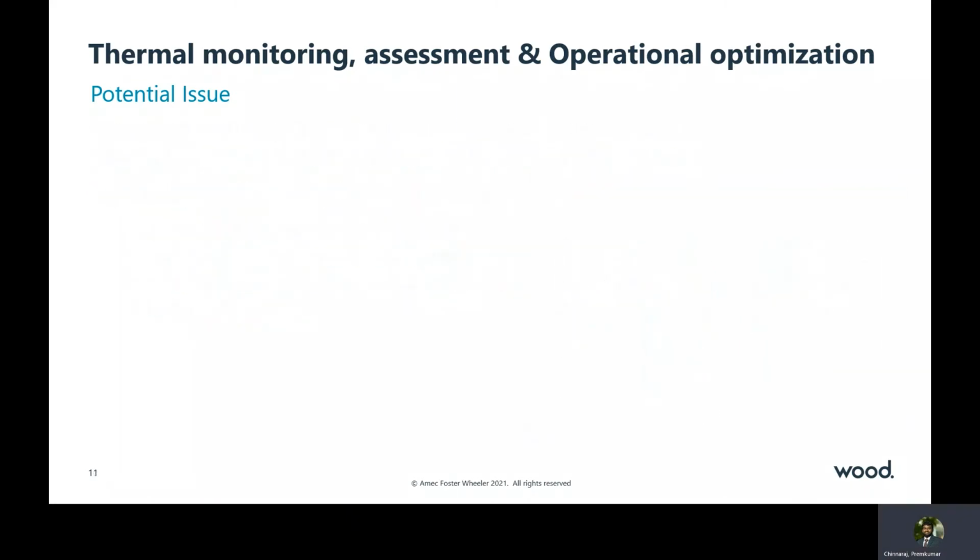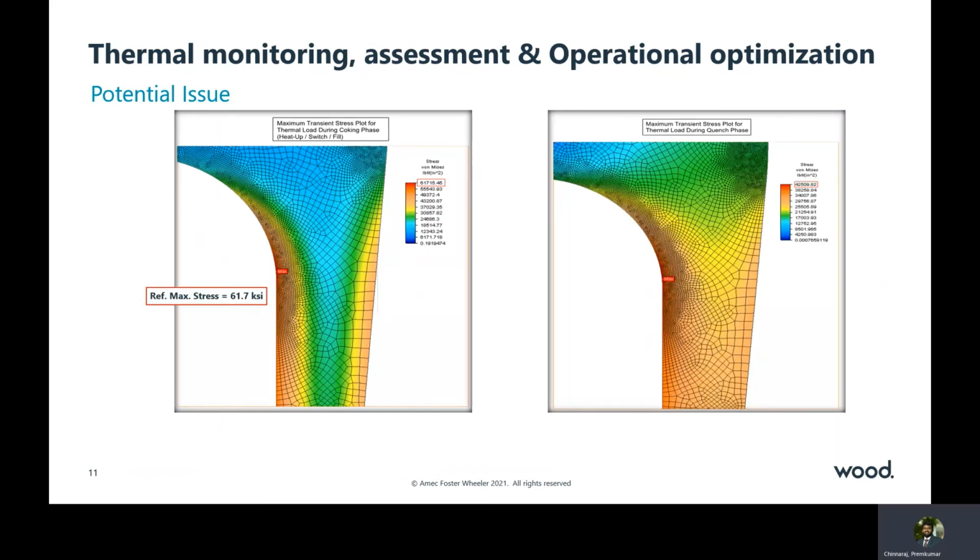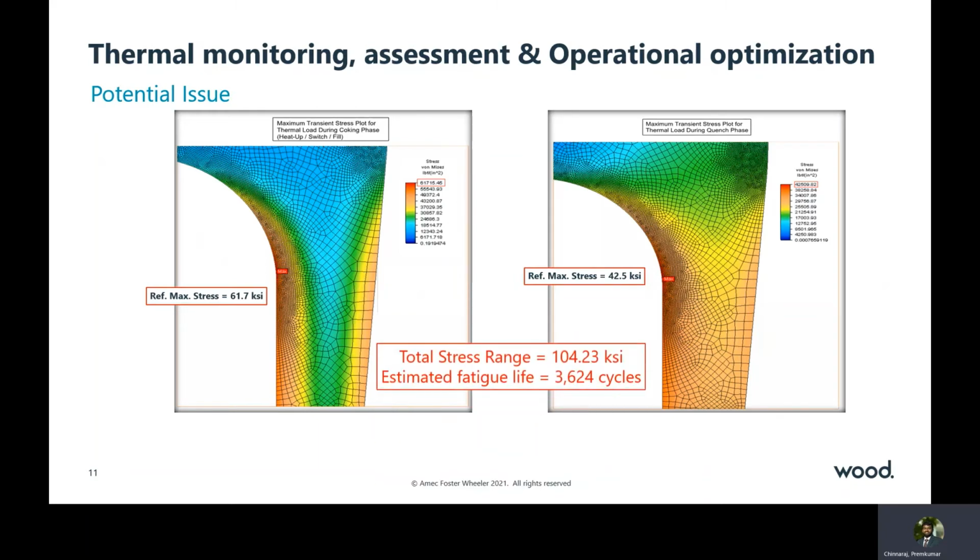Due to the observed severity in operation, we started studying the impact on fatigue life of the skirt based on actual TC data collected from the field. The FEA model was reanalyzed and the stresses calculated during coking are presented here. Similarly, the FEA plot on the right side shows the stresses calculated during water quench. Later, the equivalent stress range was calculated and it is approximately 104 KSI.